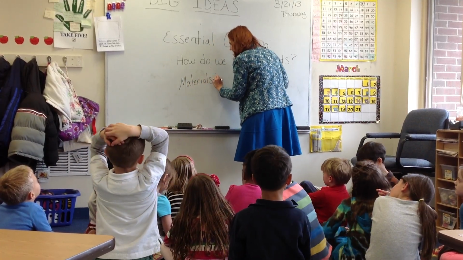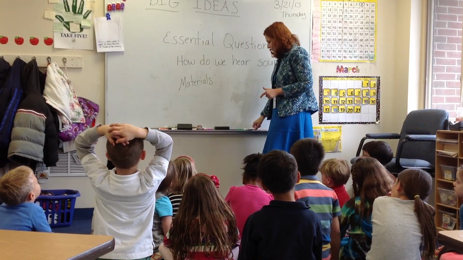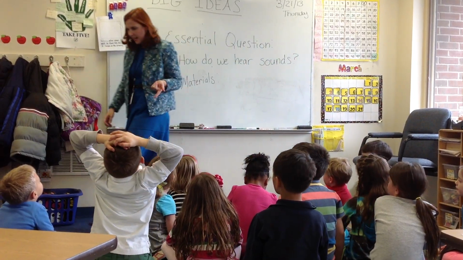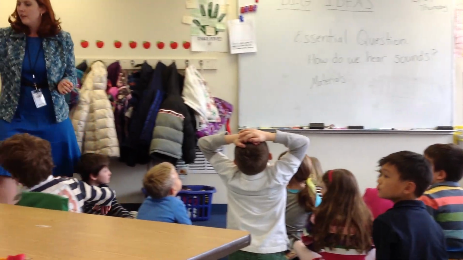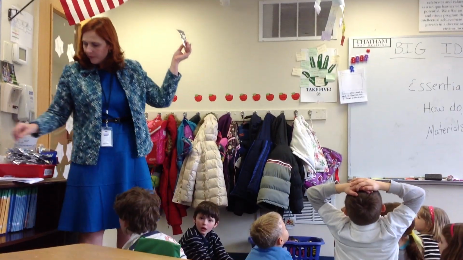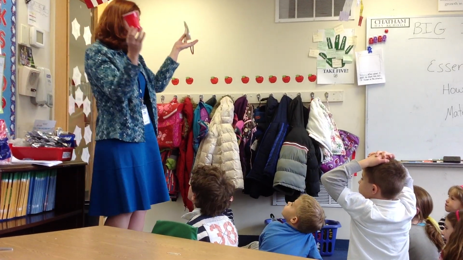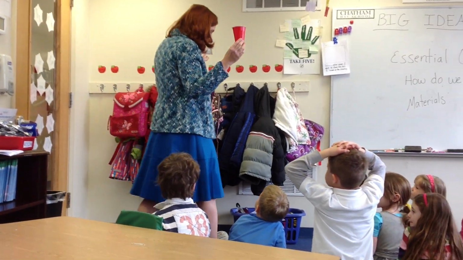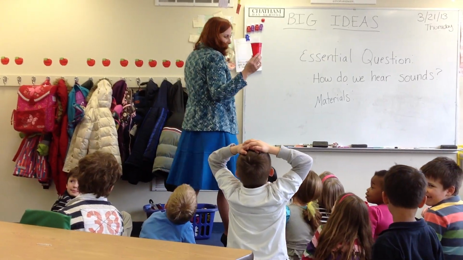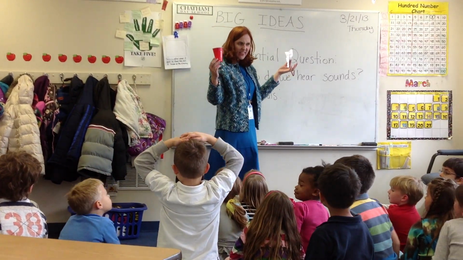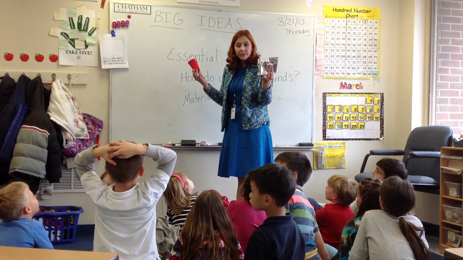So the materials that we're going to be using today are aluminum foil, a rubber band, a cup, and then we're going to use some rice or some beads at the very end. So these are our materials.